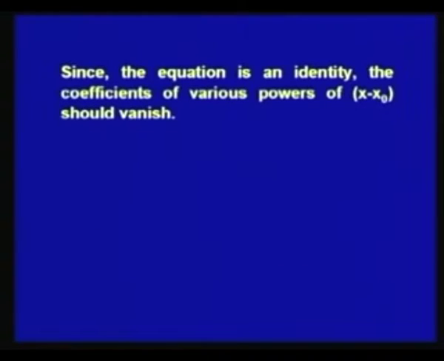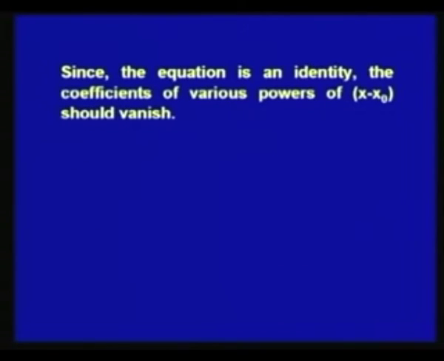So in the second term we have the series sigma m equal to 0 to infinity (m plus r) into Cm into (x minus x naught) to the power m plus r, and then in the last term we have S(x) into y. So for the power series for S(x), we write b naught plus b1 (x minus x naught) plus b2 (x minus x naught) whole square and so on, and multiply by y, that is sigma m equal to 0 to infinity Cm (x minus x naught) to the power m plus r equal to 0.